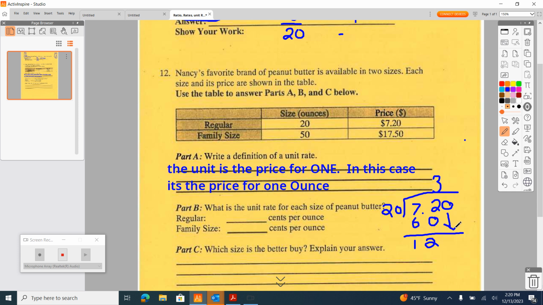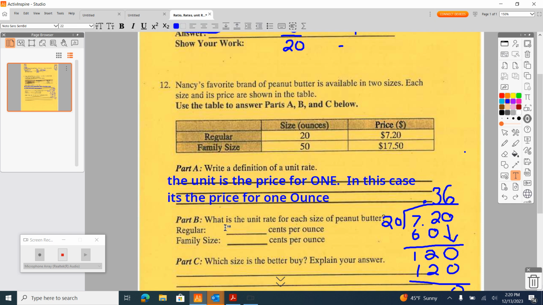And I'm going to count on my fingers. 20, 40, 60, 80, 100, 120. So when I count on my fingers, I got 6. So that's my guess and check. I'm going to multiply that. 6 times 20 is 120. When I subtract, I get 0. There's nothing left. So I'm going to text box over here that in the regular size, it is 36 cents an ounce for peanut butter.